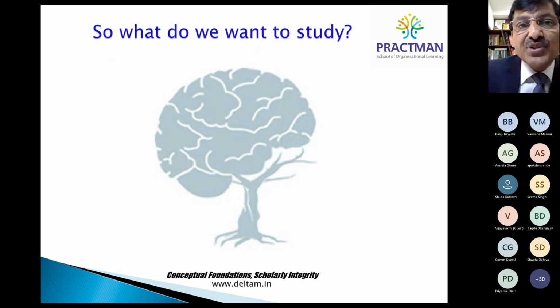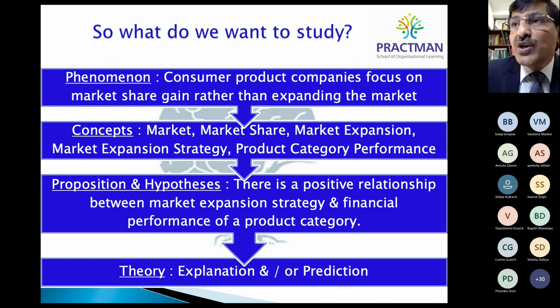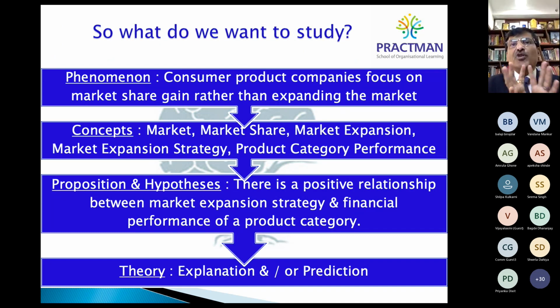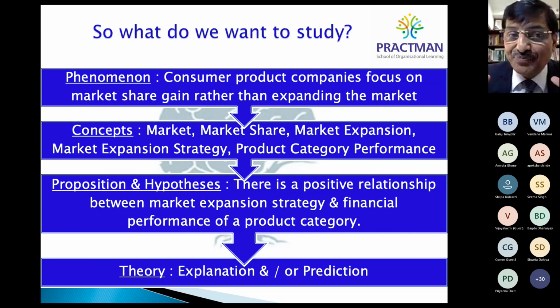These research gaps resulted in some phenomena in my mind. I'm just notionally presenting it. One phenomenon which I had in my mind was that consumer product companies focus on market share gain rather than expanding the market. Why is it so? Most of the consumer products, this is what I felt.